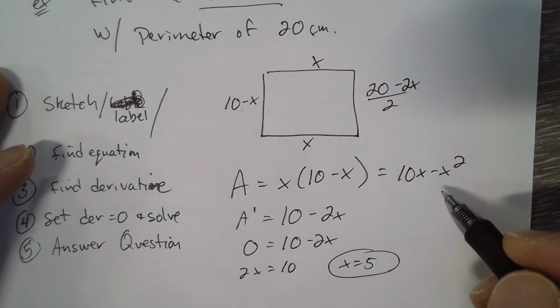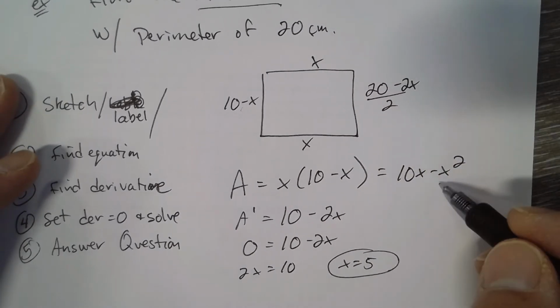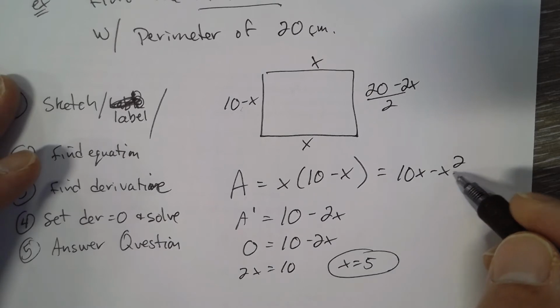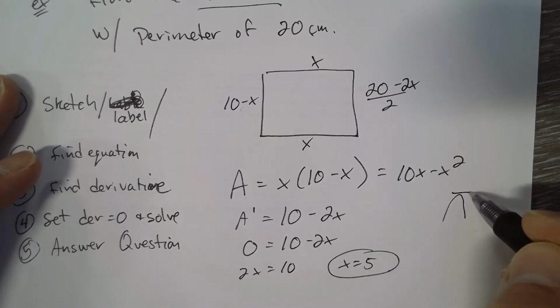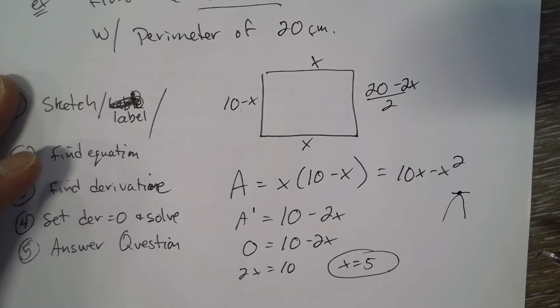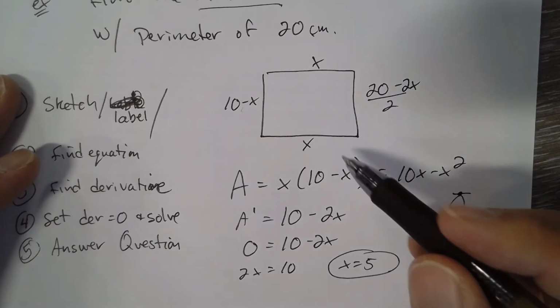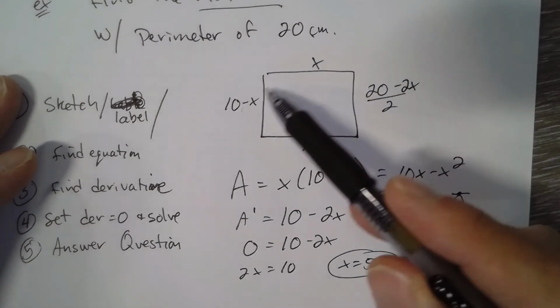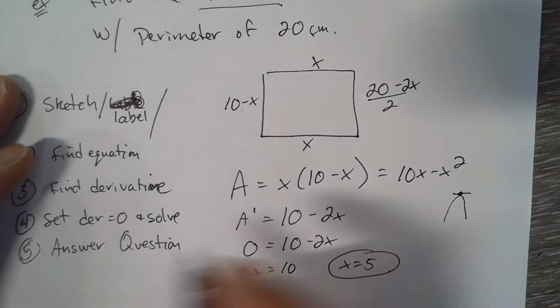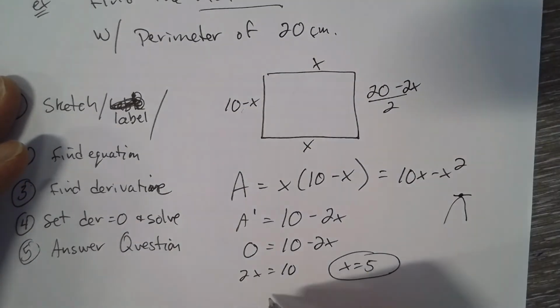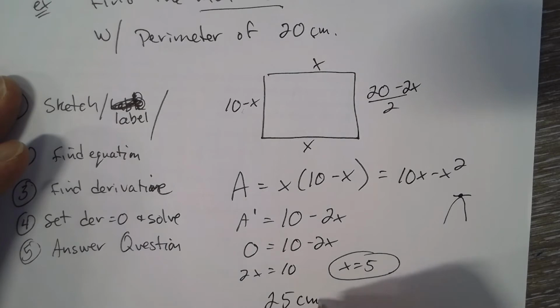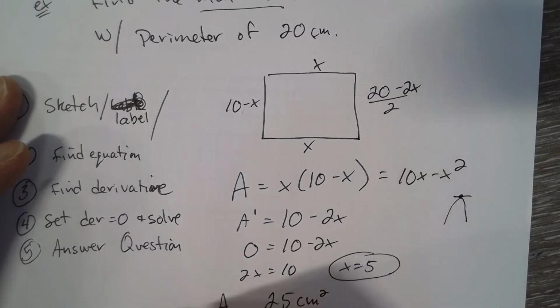Also, if you look at the type of function we have here, it's a parabola. It opens down, so if we have a horizontal tangent, that is going to be the maximum. Okay, so at 5, we can plug it in. 5 times 10 minus 5, times 5, so our answer is 25 centimeters squared. Maximum area.